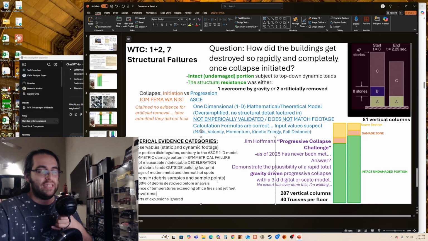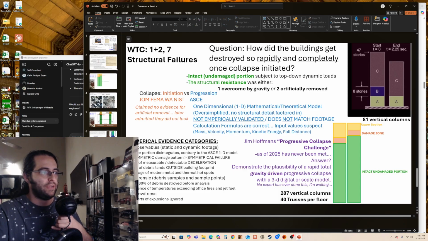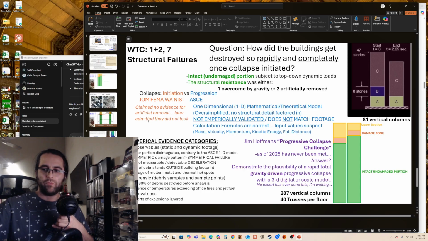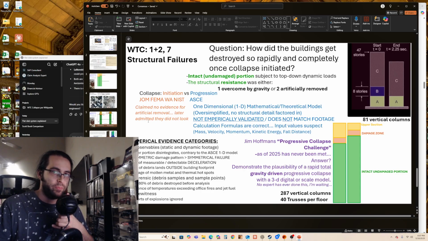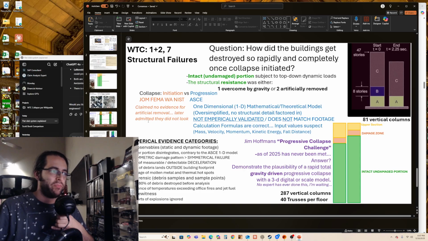It was actually illegal evidence destruction. And in the official accounts, all the eyewitness reports of explosions were ignored. They weren't factored in. They could have said, oh, he did see and hear explosions, but that was something else, that was electrical, that was a gas canister exploding. Instead, they were actively suppressed.